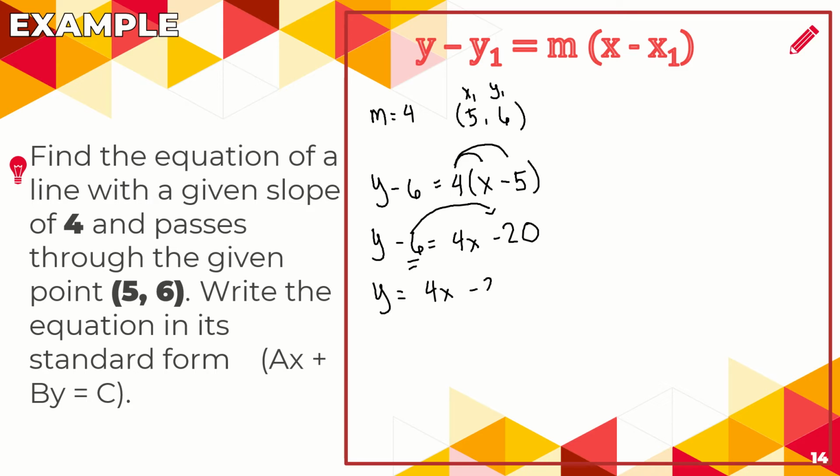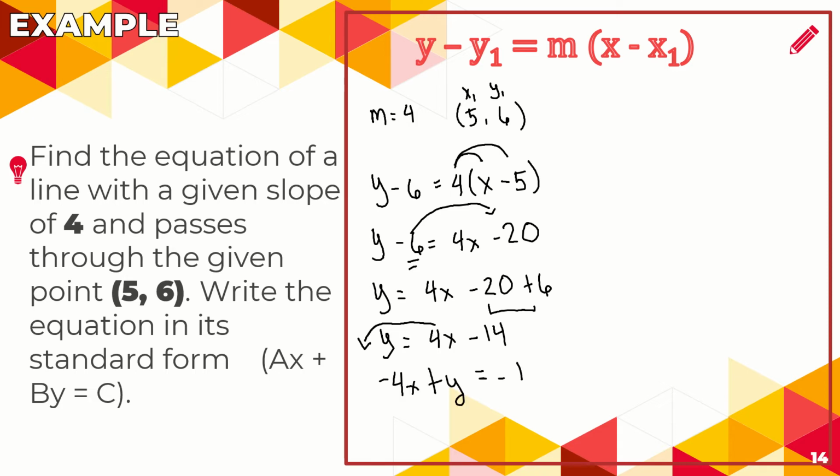Then combine negative 20 plus 6, so we have y equals 4x minus 14. Next thing to do is to move 4x to the other side of our equation. So from positive 4x, it will become negative 4x plus y equals negative 14. And take note, the value of x is negative, so we need to multiply by negative 1.